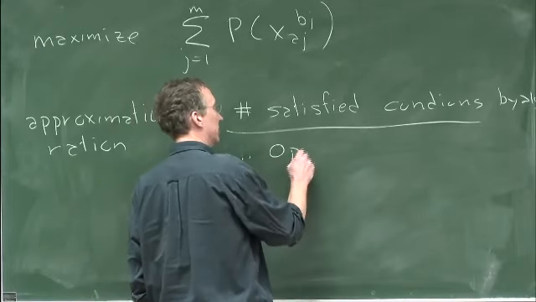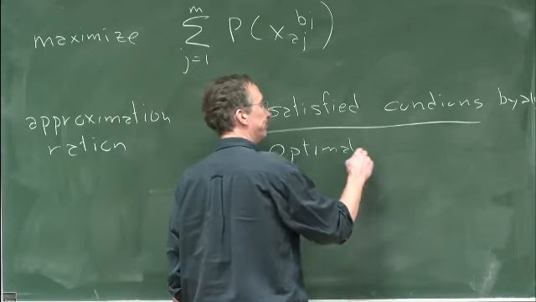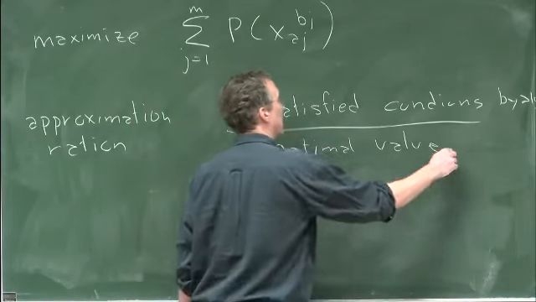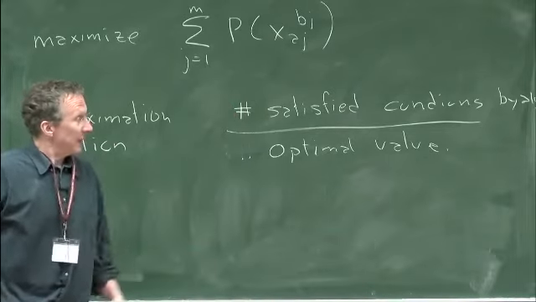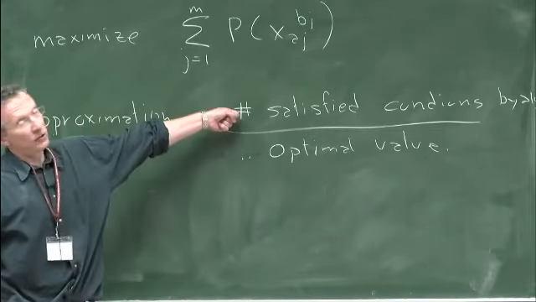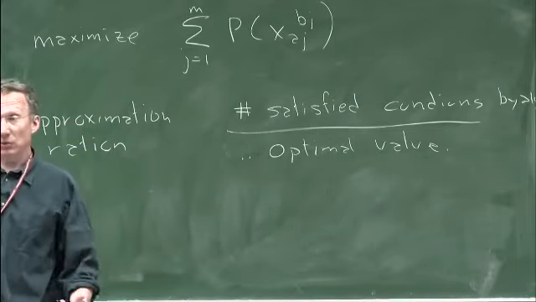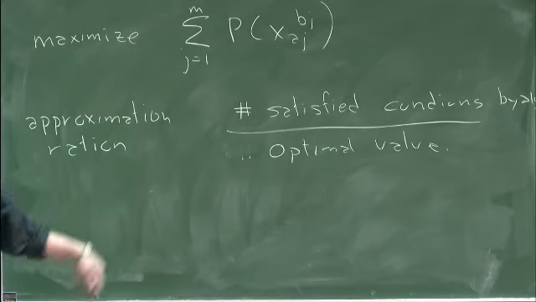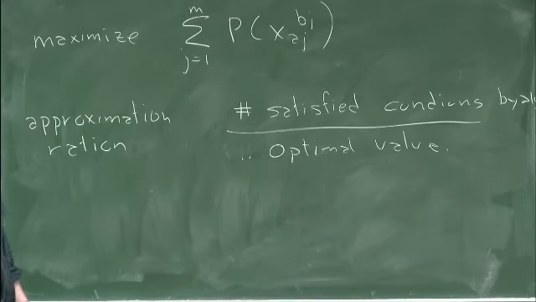And the approximation ratio I'll be interested in is the number of satisfied conditions by the algorithm divided by the optimal value. So this is at most 1. If it was 1, we would really find the optimal one.